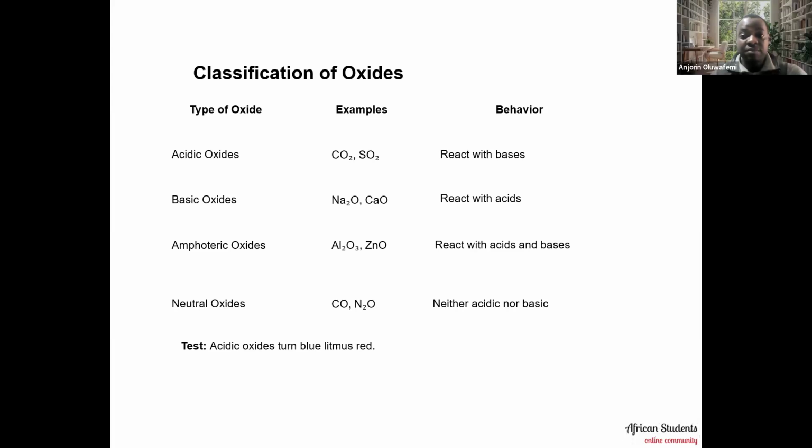They react with acid and base, because they're amphoteric, so they're in between like that. Then we have neutral oxides like carbon monoxide and N2O, which are neither acidic nor basic. Basically, for acidic oxides, you can test them by their ability to turn blue litmus paper to red. All right. So that's that concerning classification.